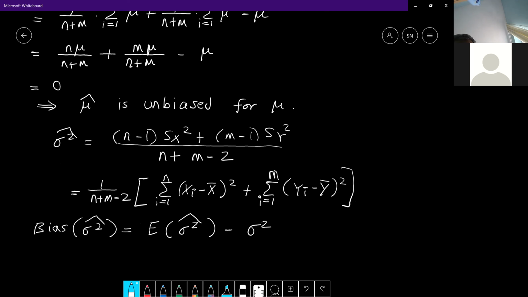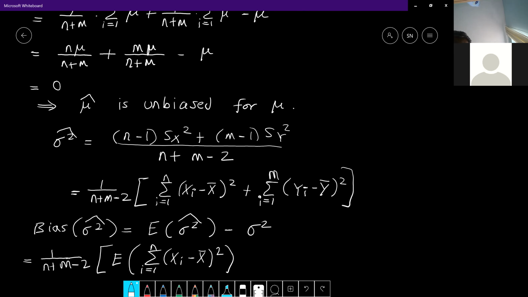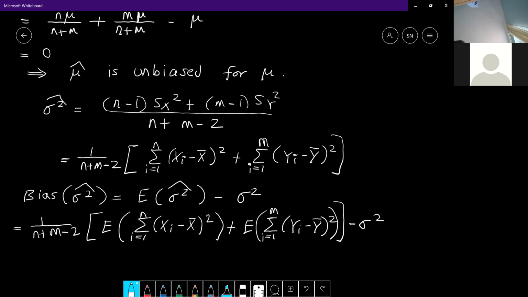So if you take the expectation inside, it's going to be the expectation of the first term, plus the expectation of the second term, minus sigma squared. Are you with me, guys? So this is what you get.